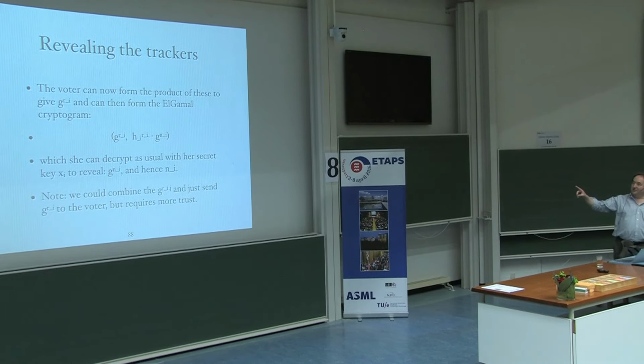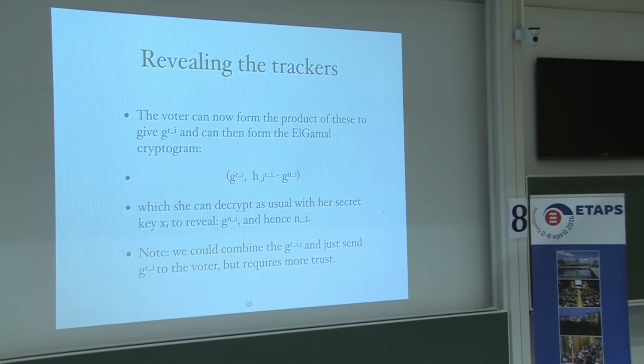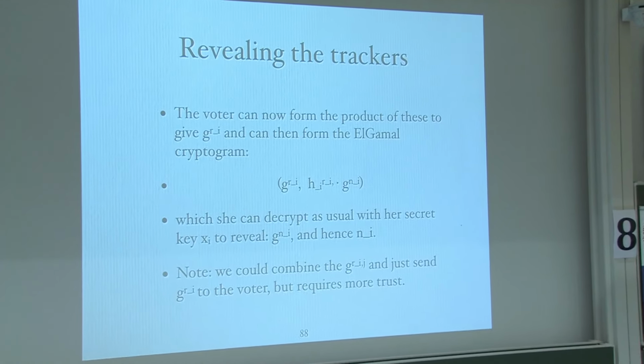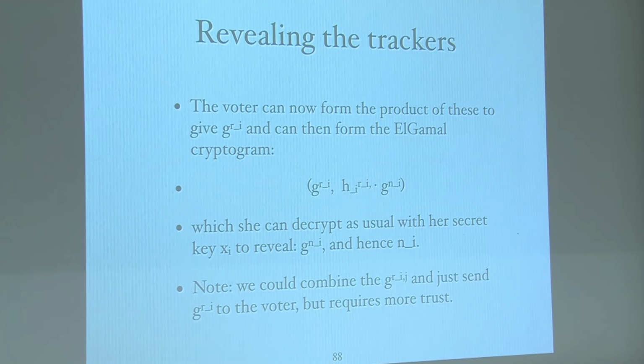I won't describe the details, but we send g to the r_i to the voter. This was previously kept secret, in fact in a secret-shared fashion. And now once the voter or their device has this, they can put it together with the commitment term to form effectively an ElGamal encryption, under their secret trapdoor key, of their tracker. So they can decrypt it and extract their tracker.